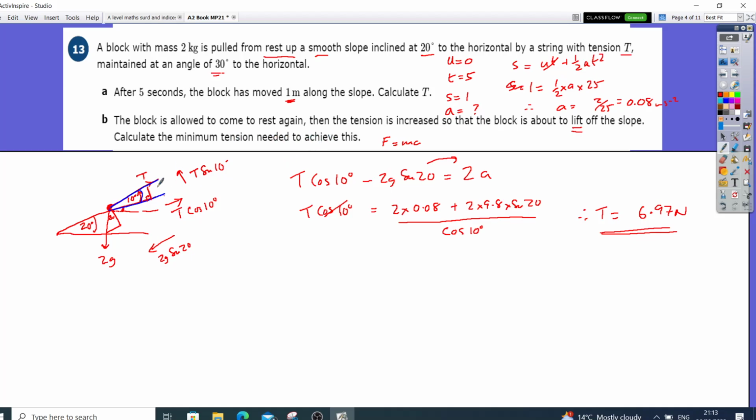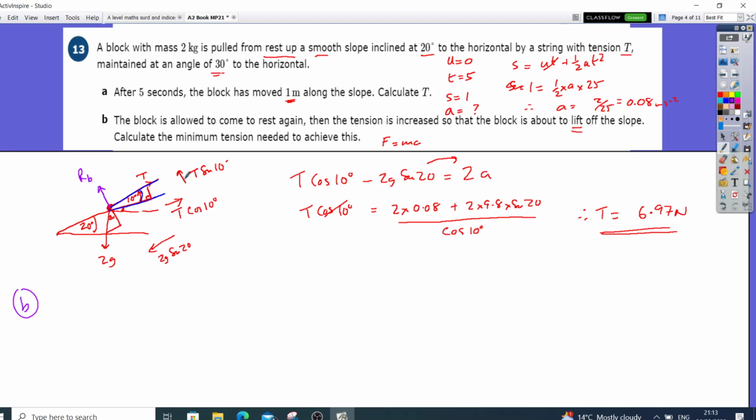Okay, so the minimum tension needed to achieve this, let's just have a look here. So if that tension is going to be strong enough to lift that off there, first of all, I'm going to do this in a different color, a different question, so part B. So we've got this contact force happening here, of this block, and we've got to call that block, I'm going to call that RB, the block.